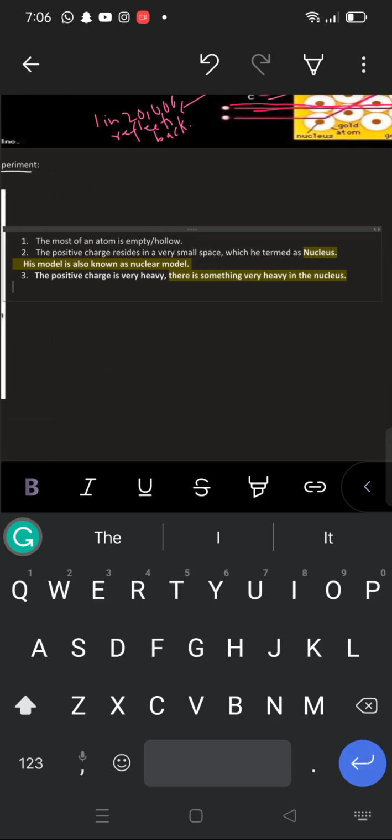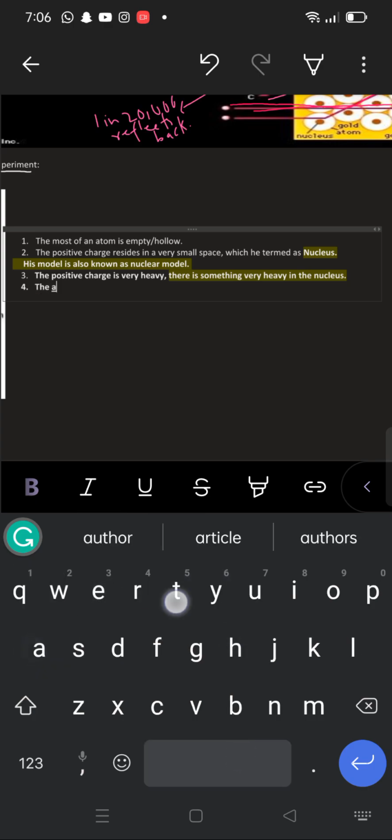The fourth point he said was, let me write here, 4. He said that the atom is electrically neutral.